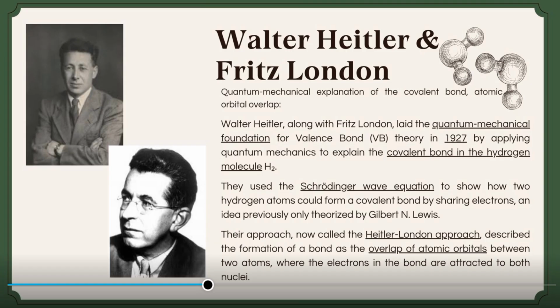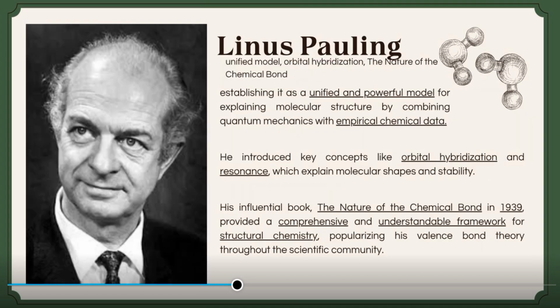They used the Schrödinger wave equation to show how two hydrogen atoms could form a covalent bond by sharing electrons, an idea previously only theorized by Gilbert Lewis. Their approach, now called the Heitler-London approach, described the formation of a bond as the overlap of atomic orbitals between two atoms, where the electrons in the bond are attracted to both nuclei.